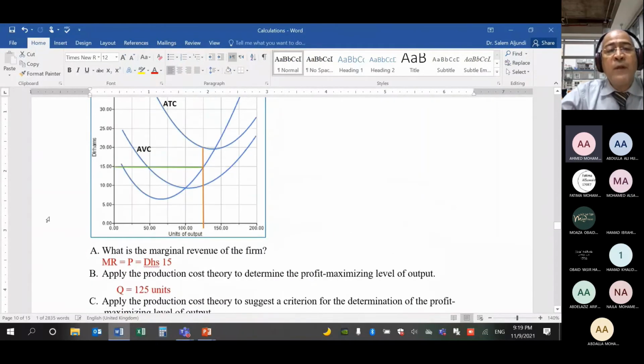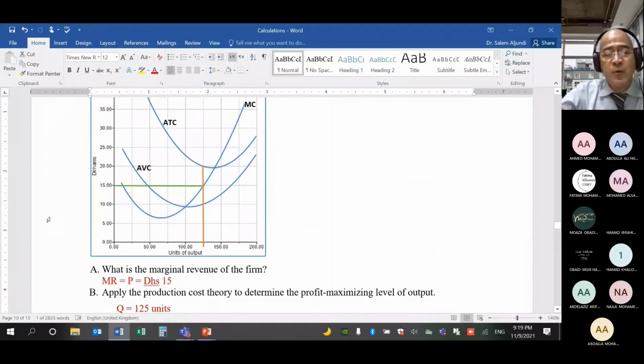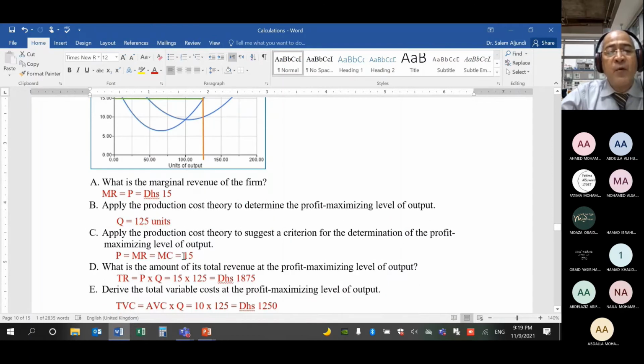Okay, so what is the criteria you use to determine the optimal level of output? The condition or the criteria is the price or equilibrium price equals marginal revenue equals marginal cost, and all of them equal 15. So the equilibrium price equals marginal revenue equals marginal cost equals 15.